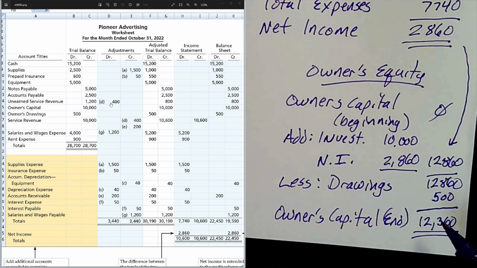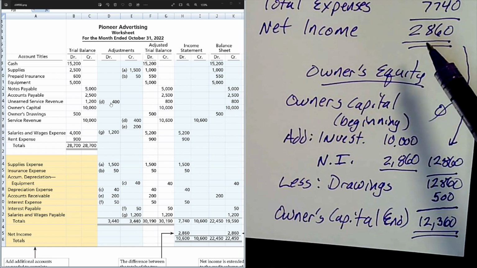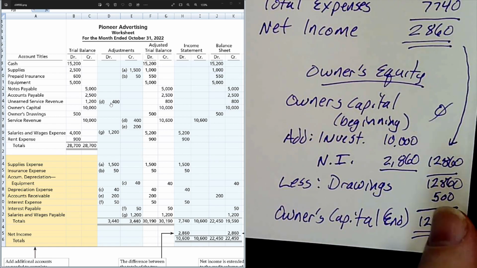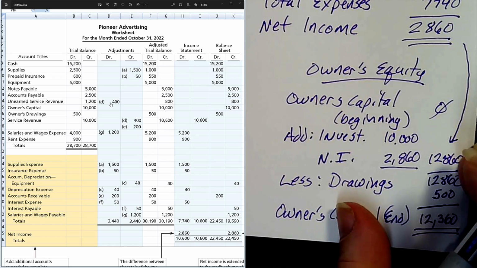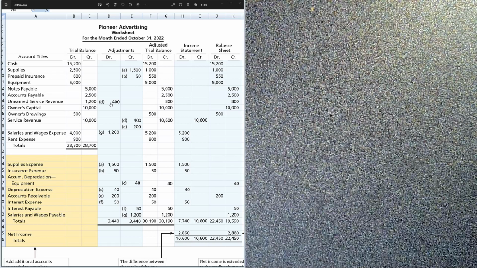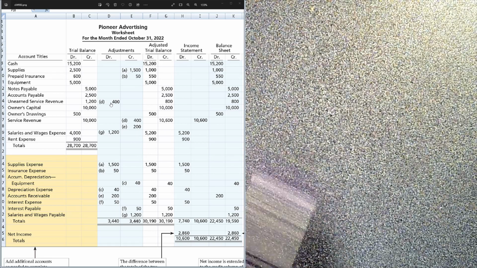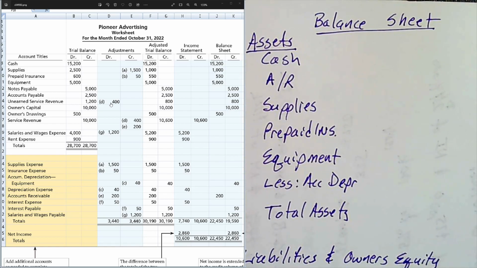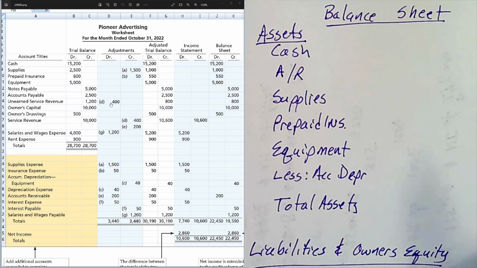In other words, in order to come up with this number, we had to do the income statement first to be able to put it in with the owner's equity, and so we calculated the owner's capital ending right here. So let's go ahead and take a look at the balance sheet. So the balance sheet, we have a bunch of different assets.